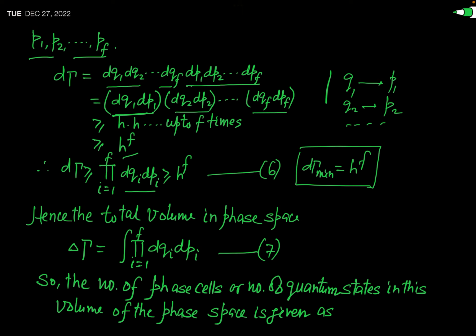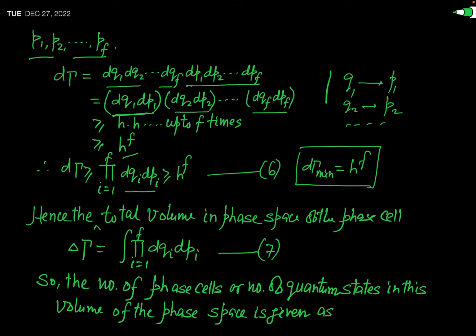Okay, so you can say that the total volume in phase space of the phase cells. Here actually this total volume has been written for the minimum total volume.